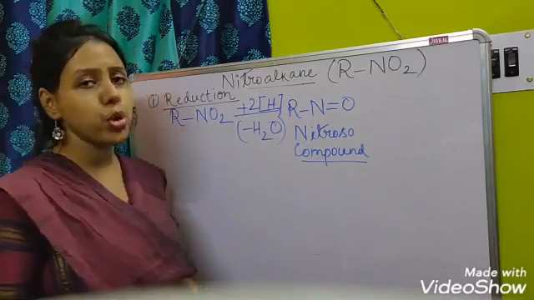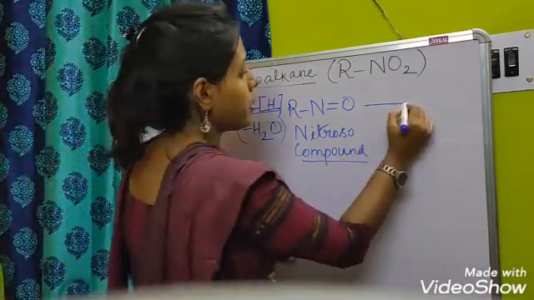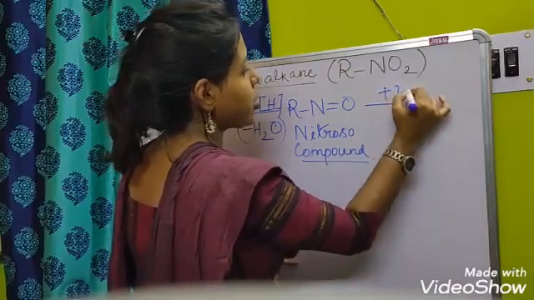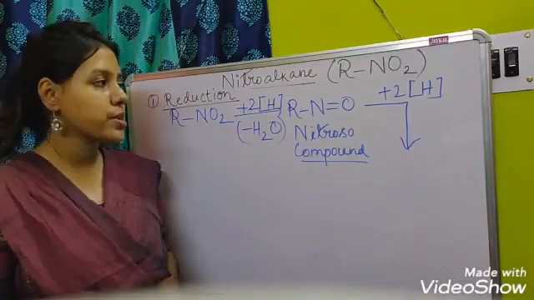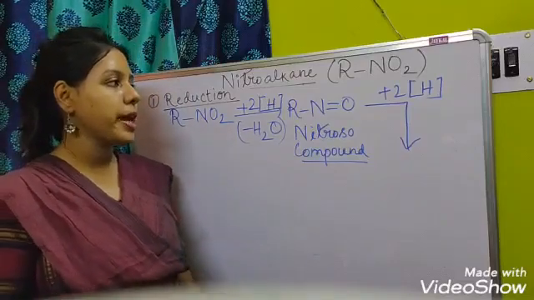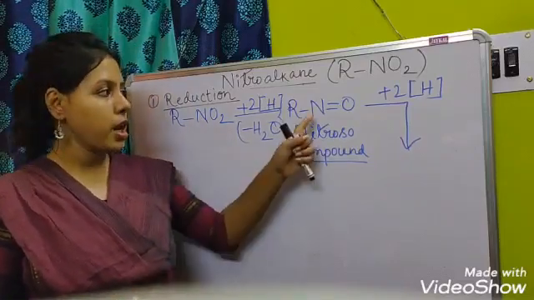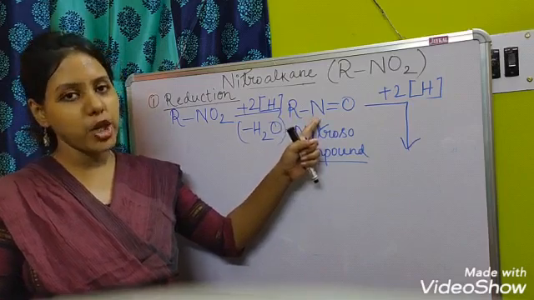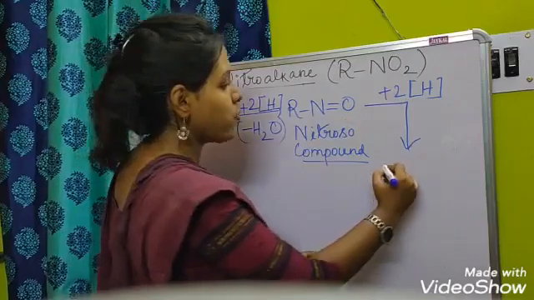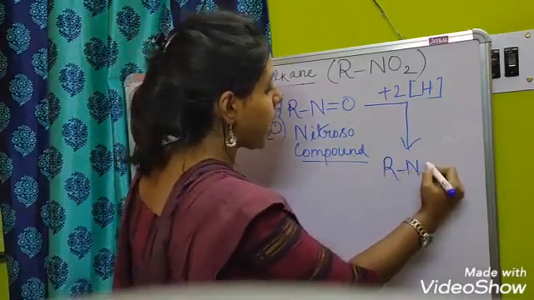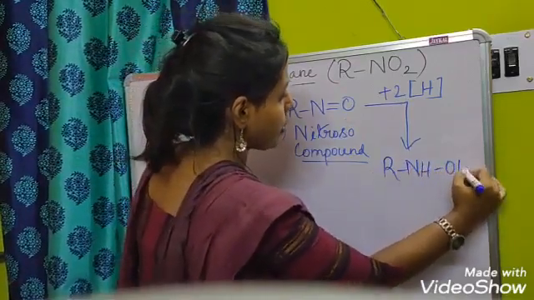Now again we have to reduce it. So again I am adding 2 hydrogen. Now there will be the addition of hydrogen. 1 hydrogen will be added to nitrogen and another one will be added to oxygen. So what will be the final product? That is RNHOH.